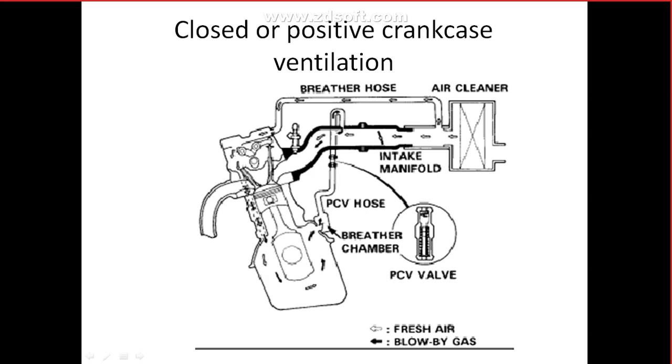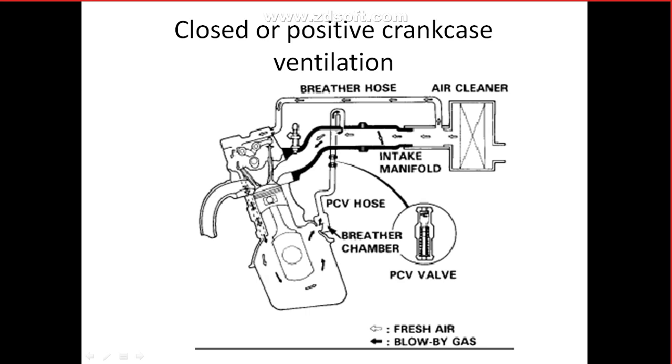Since this is an engine, there is a piston. From the combustion chamber, small amounts of gases enter into the crankcase. Air enters through this breather cap and removes all the burnt gases. That is one way. In another way, this cap is directly connected to the inlet pipe.